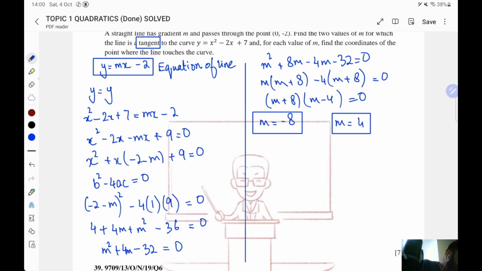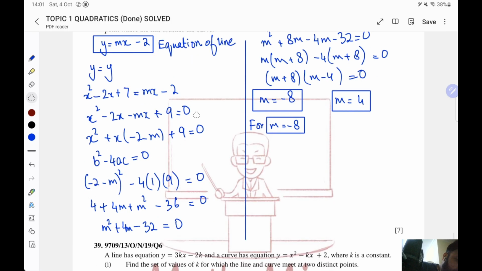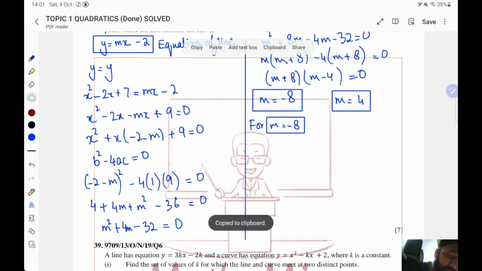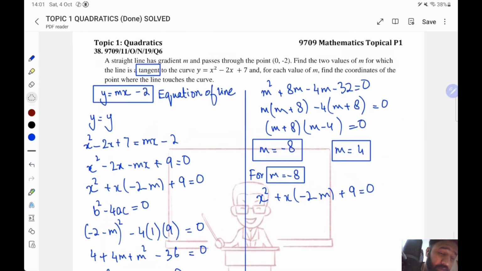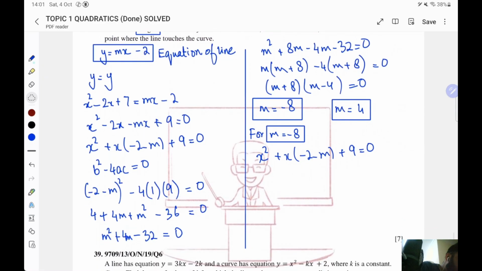Now if you read the last portion of the question, it says for each value of m, find the coordinates of the point where the line touches the curve. Now for m equals minus 8, we are going to use the equation of the intersection. The equation for intersection is right here. All we need to do is substitute the value of m as minus 8. If I substitute minus 8 here, it will become plus 8 because it was minus m.